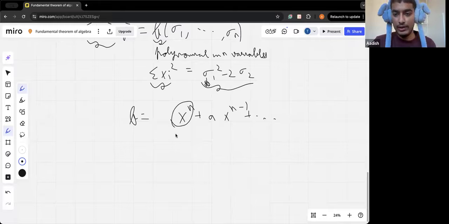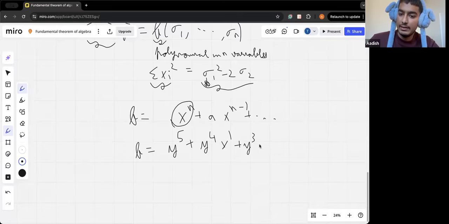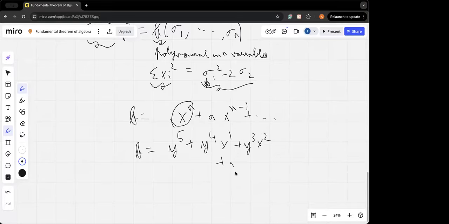But when you have polynomials in multiple variables, say two variables, if it's degree 5, there might be multiple different degree 5 terms, right? Ah, okay, I get it.